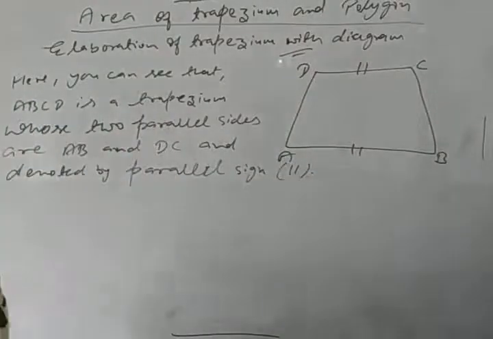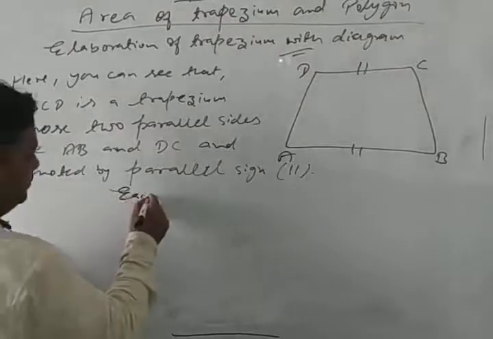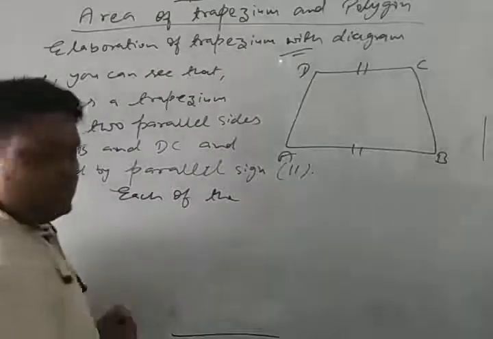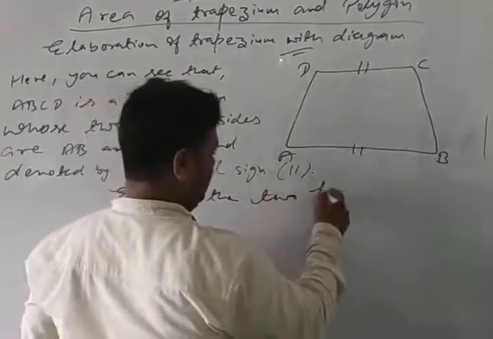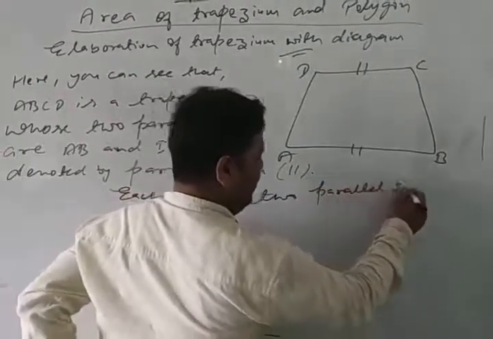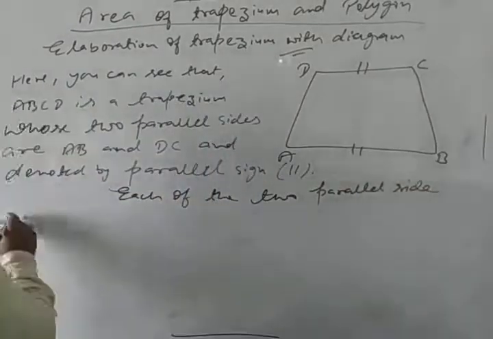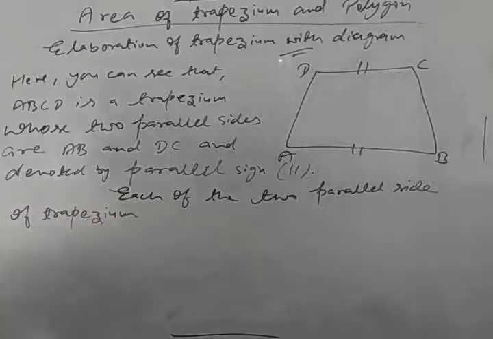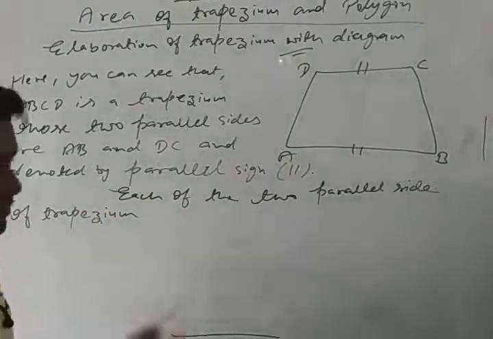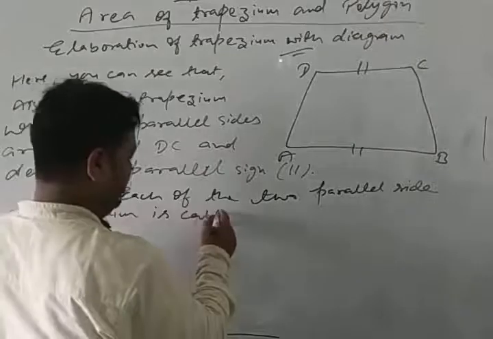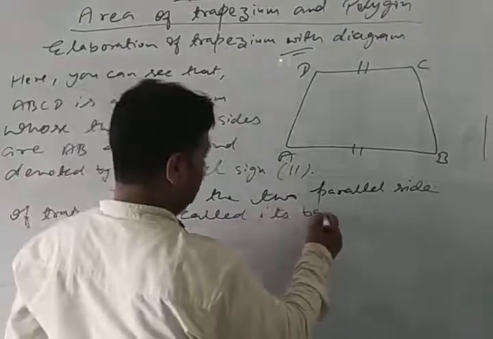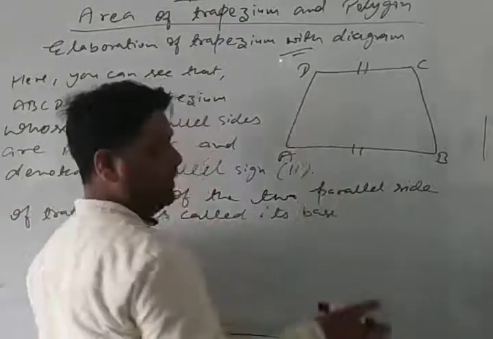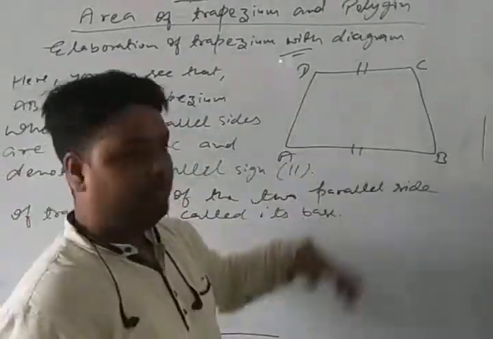Okay. So now each of the two parallel sides of a trapezium is called its base. It means we can say that AB and DC are parallel sides, so AB and DC both are bases.